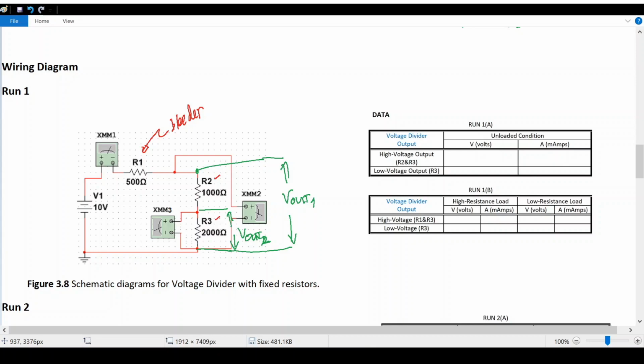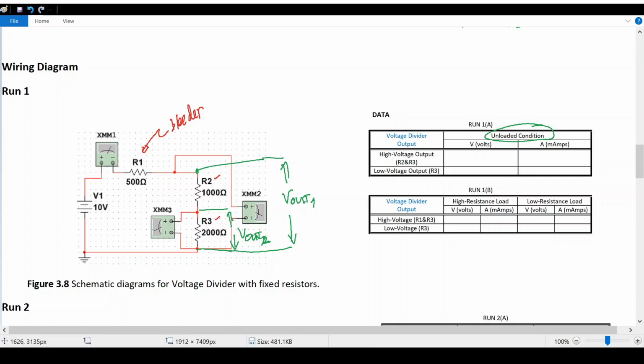As you can see, for low voltage output, we have only 2 kilo ohm, and for high voltage output, we have 3 kilo ohm resistance. It shows that the higher the resistance, the higher the voltage we shall realize across the output terminals. So for run 1, this is the unloaded condition.